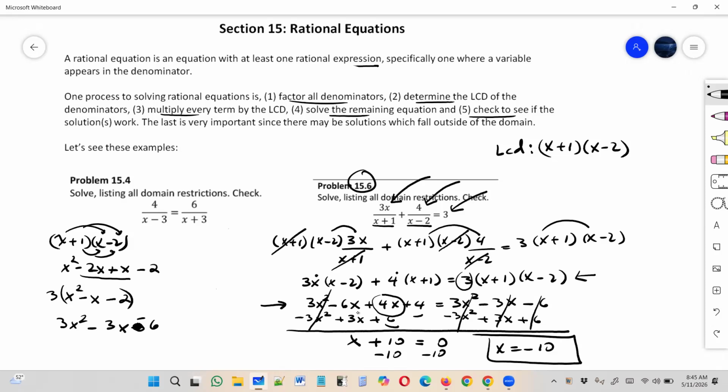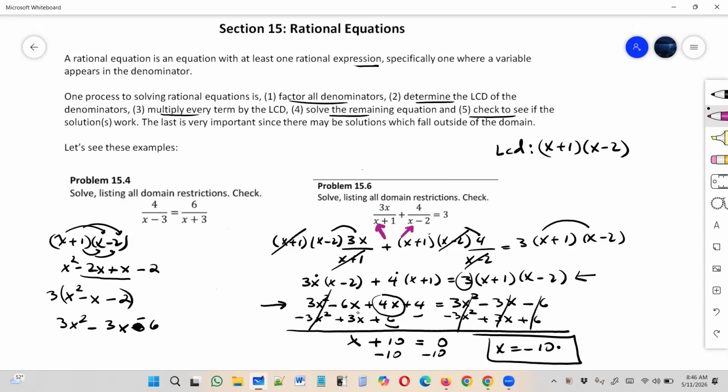That's my answer. But I have to check. So we go back into the original, and all I have to do is a domain check. So that x is going to go right here and right there, only in the denominator.